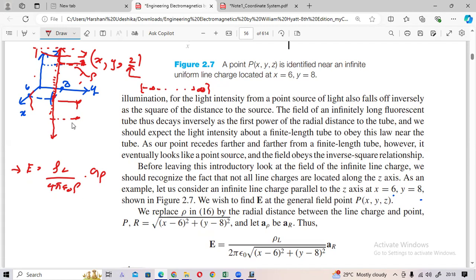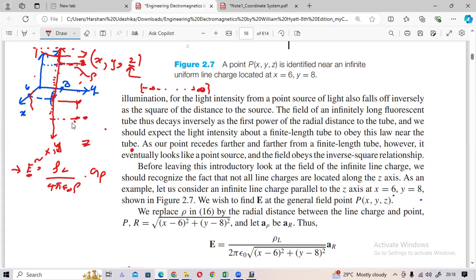But it is dependent on X and Y. If X and Y are here, the point is here. So this E field only depends on the X and Y coordinates, not on Z.